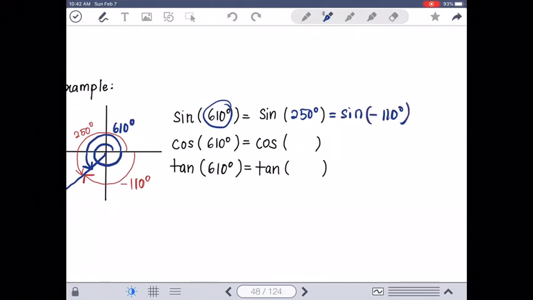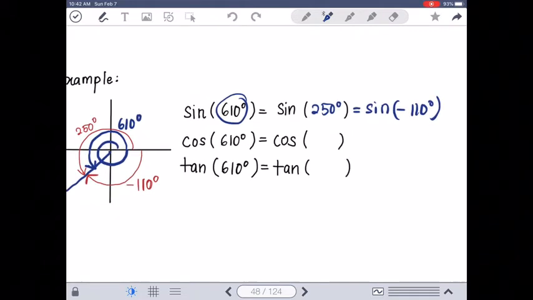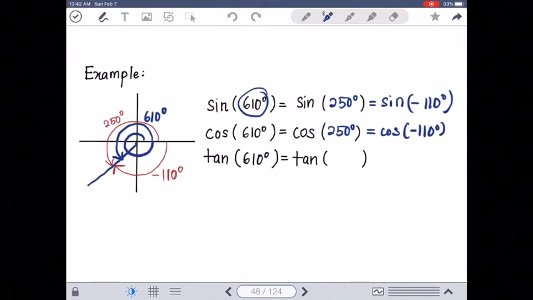Cos 610 degrees is just equals to cos 250 degrees, which is just equals to cos negative 110 degrees. And tan 610 degrees is just equals to tan 250 degrees, which is just equals to tan negative 110 degrees.